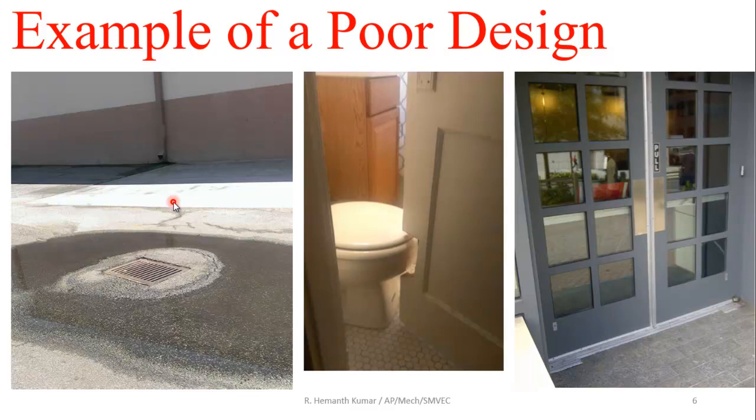But if you see, this design is not completely poor. It performs some functionality when there is excess water, it will perform perfectly, but when there is very limited water it will not drain completely. So this is somewhat okay, but still it is a poor design. Similarly, the second image is also a poor design.